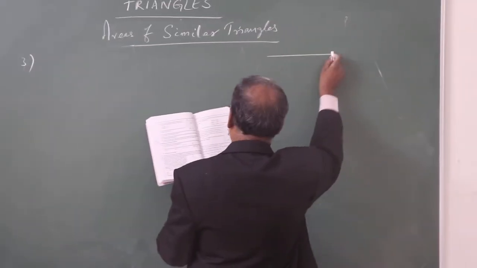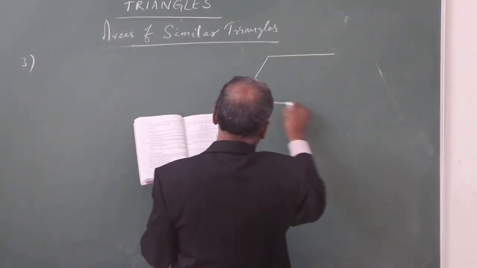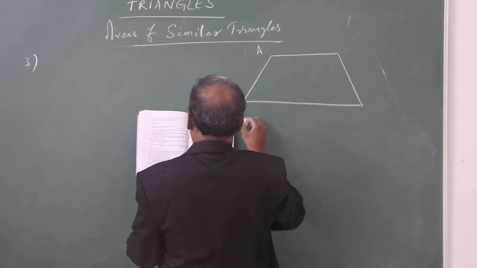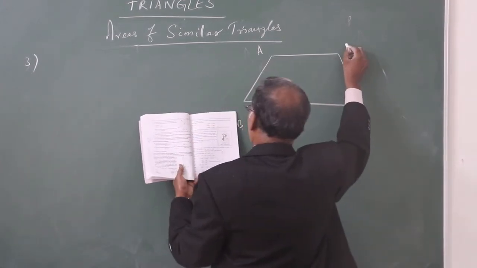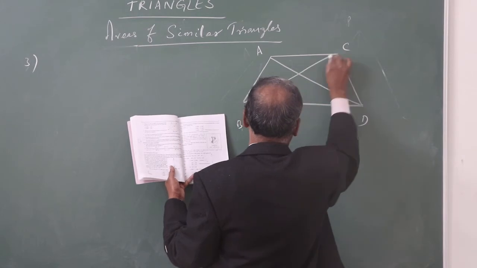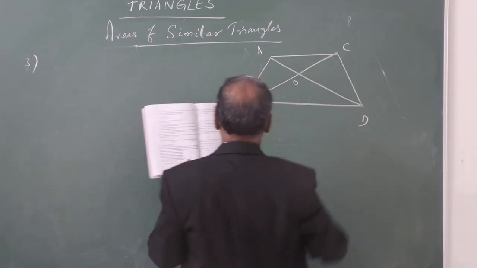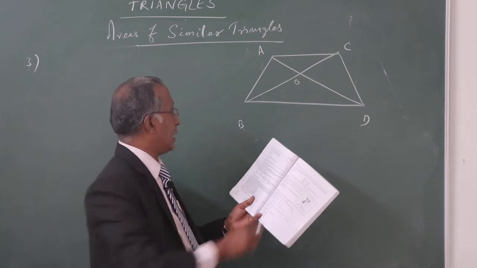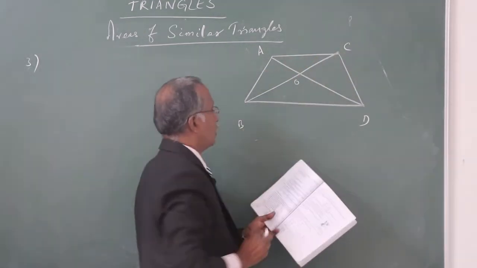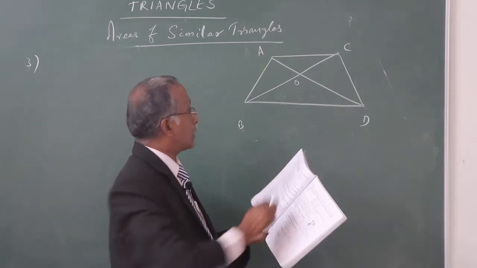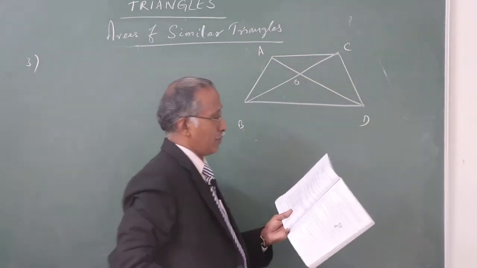Let me draw the figure now. In this figure, ABC and DBC are two triangles on the same base BC.